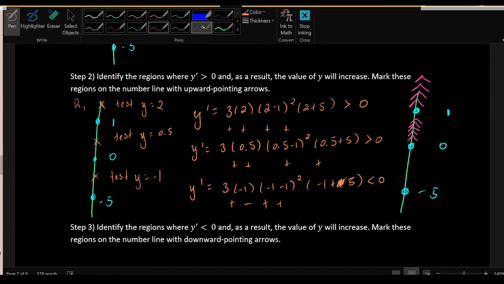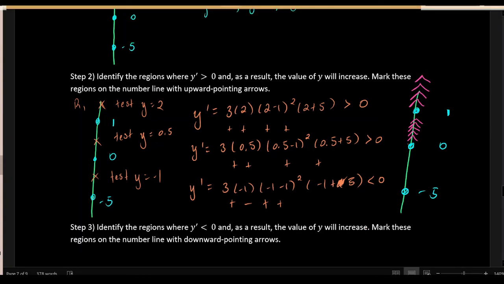So what do you think I'm going to do to the phase chart to reflect the fact that this time y prime is negative, so the value of y is decreasing? In this case, we'll just use some downward pointing arrows. If the value of y ever ends up between 0 and -5, then the y value is going to decrease until it reaches the stationary point at -5.